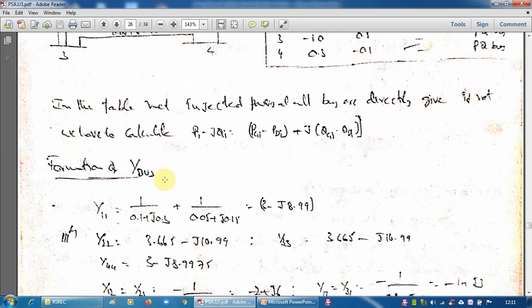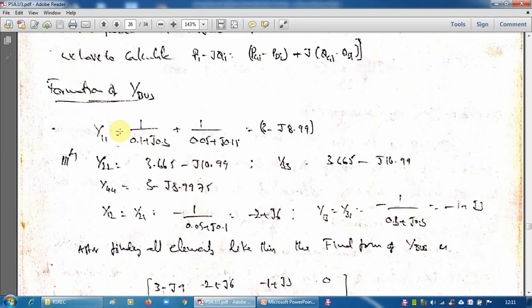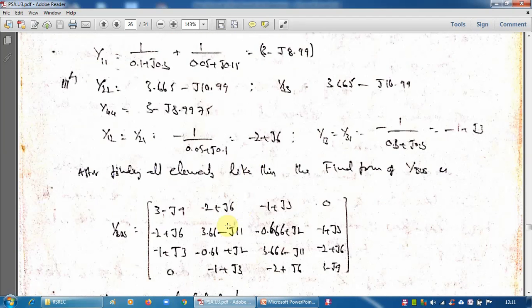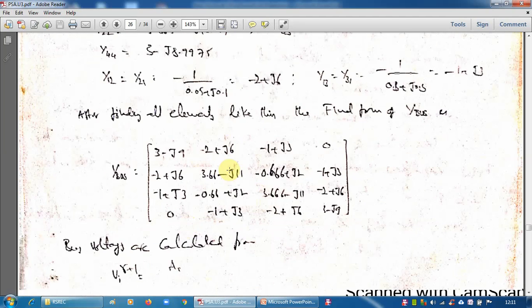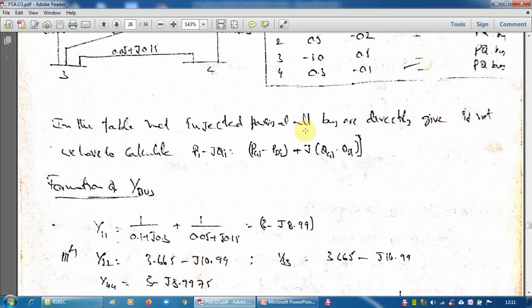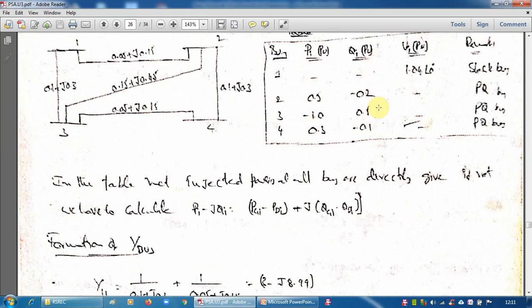From this impedance, first as it is impedance, convert it into admittance like this, and we can calculate the Y bus elements. This is the Y bus. You know how to construct Y bus. So Y bus is to be constructed like this. So we determined the Y bus, and bus data is given.